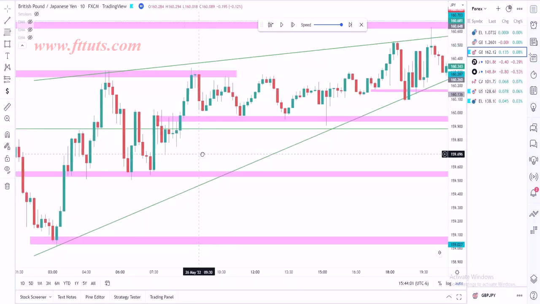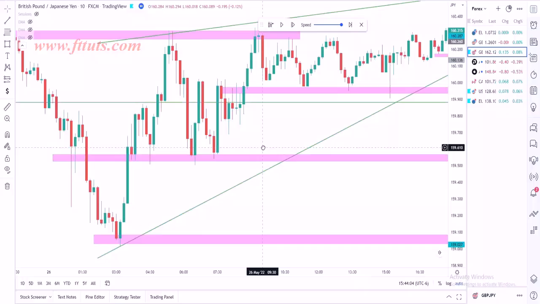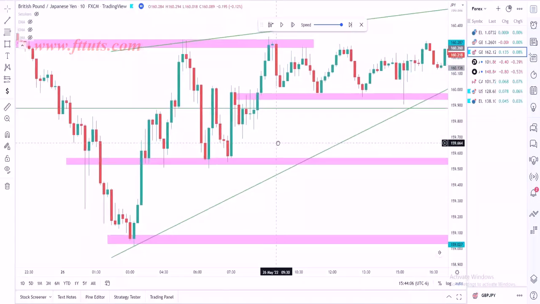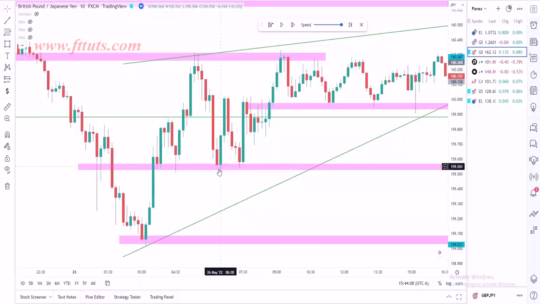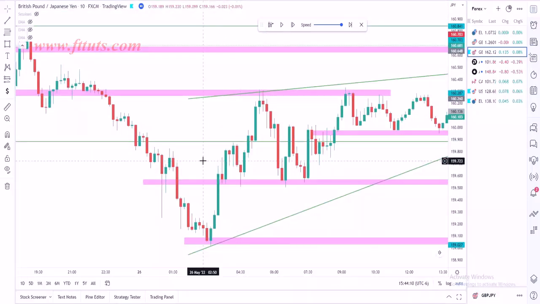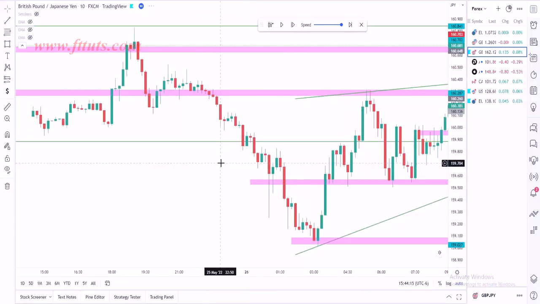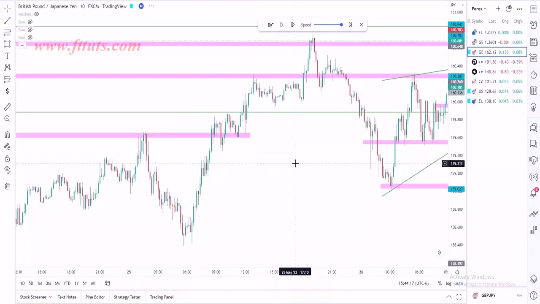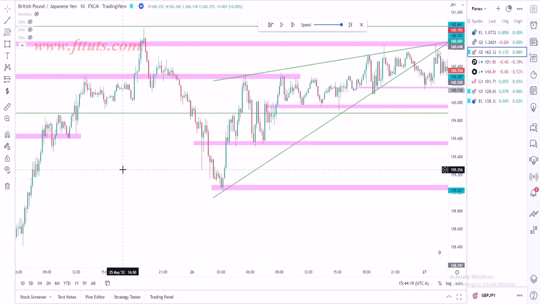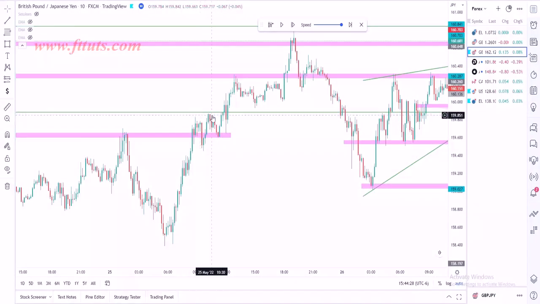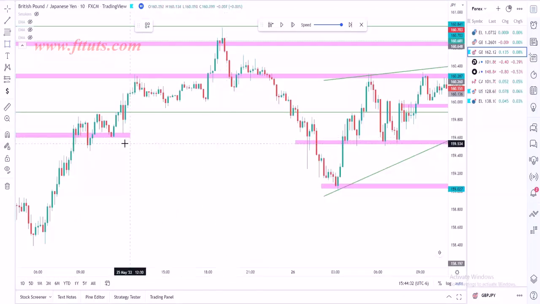Let's see here. I'm sure I'm missing stuff. I'm sure of it. But let's just keep going right here. We want to see a dramatic move away. And also, if you can see a break as well, for instance, like this right here, a break will increase the quality of your order block.